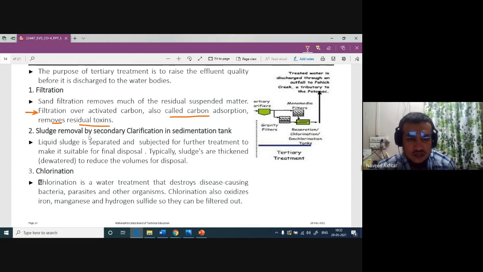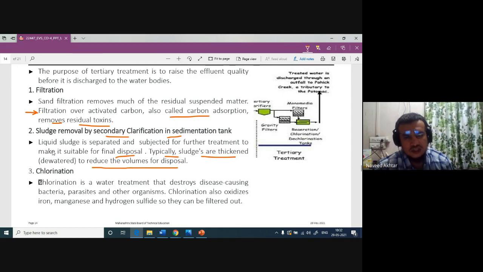Then sludge removal by the secondary clarification in the sedimentation tank. The liquid sludge is separated and subjected to further treatment to make it suitable for final disposal. Typically, sludges are thickened to reduce the volume of disposal.